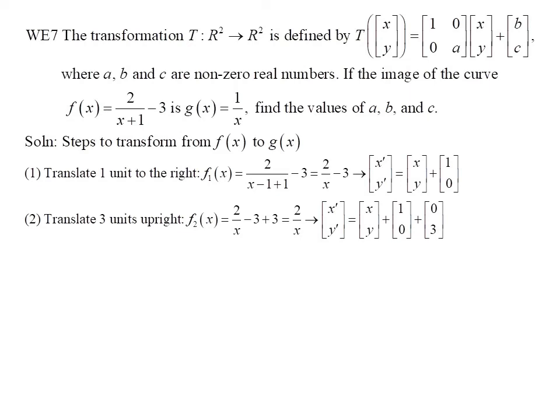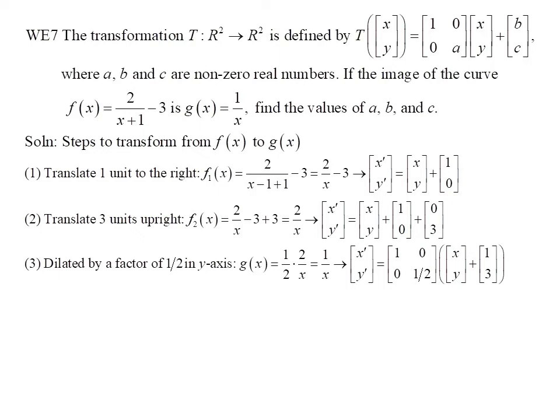The second step is to translate 3 units in the positive y direction and we just add 3 to the equation. The third step, or the last step, is to dilate by a factor 1/2 in y-axis, which means to multiply the equation by a half. The matrix equation for such a transformation step is also shown.